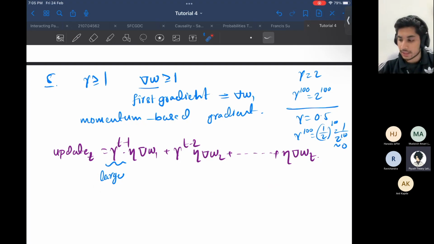That is why the condition that gamma is greater than 1 is important for us. Since gamma is greater than 1, this term is a large quantity. Now we are also given that the gradient of W1 is greater than or equal to 1.